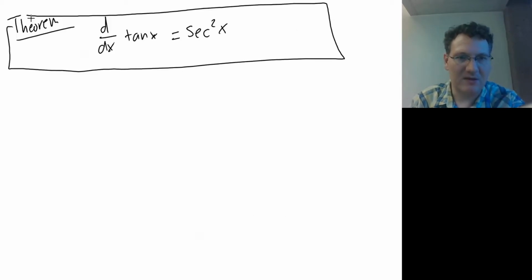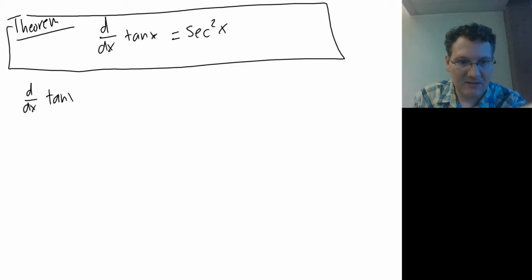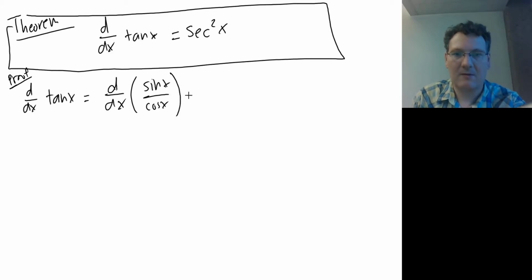Here's a theorem that we can now prove. The derivative of the tangent is the secant squared. And I'm going to prove this using the quotient rule, because this is my little proof: d over dx of the tangent of x is the derivative of the sine of x over the cosine of x, right?